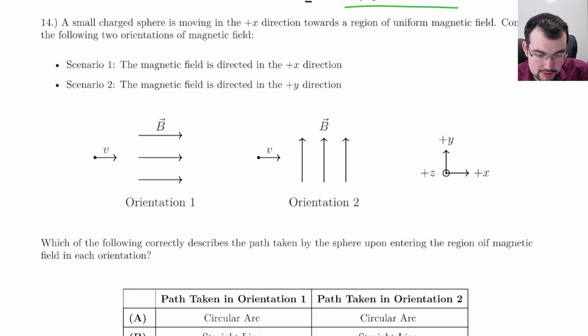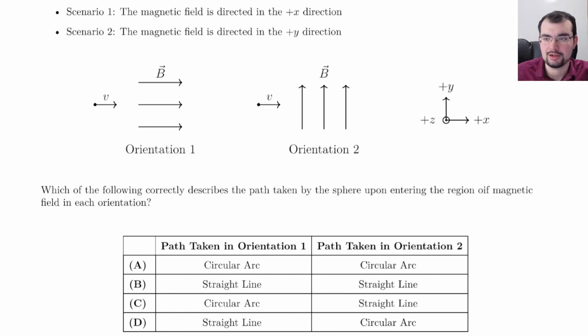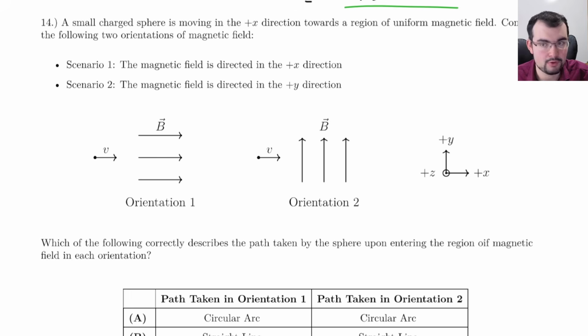A small charged sphere is moving in the plus x direction towards these two field orientations. We want to talk about what path the particle will take in each. Okay, remember our formula for magnetic force: F_B is equal to Q V perpendicular B. Magnetic fields don't just act on charges, they act on charges moving perpendicular to the B field.